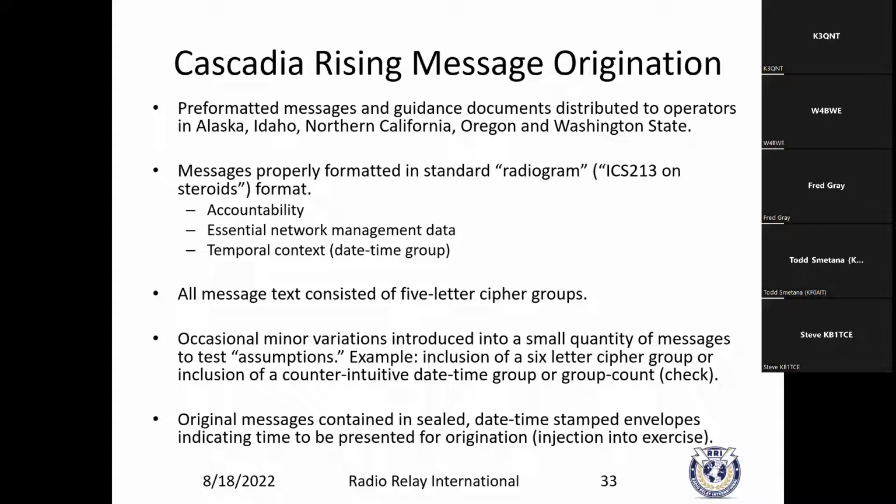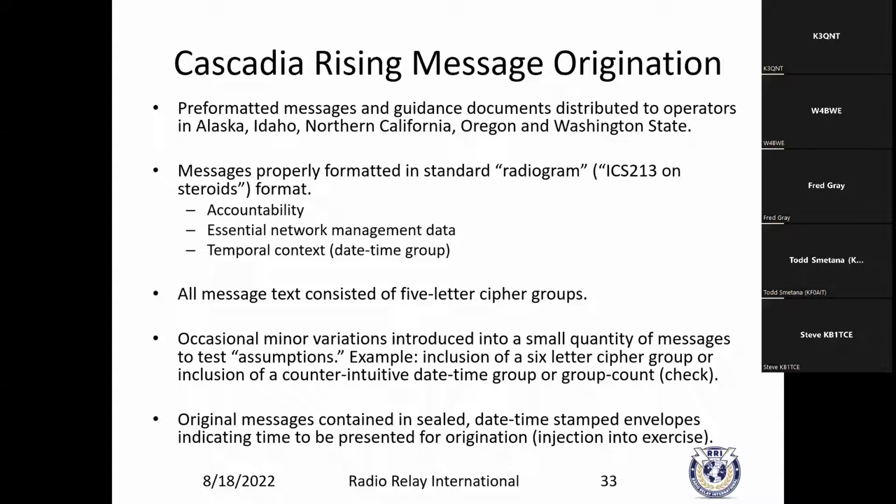In many of these 5-letter cipher groups, we also introduced little errors that were unannounced to the radio operator. For example, there were some messages with 6-letter cipher groups, not a lot of them, just one dropped into an operator's group of messages.